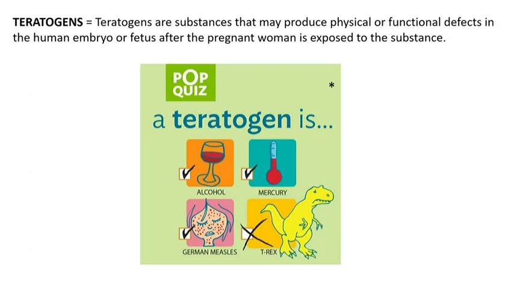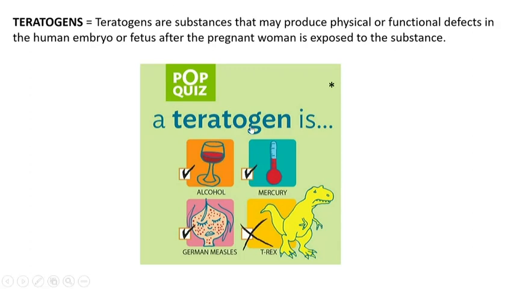Teratogen is a general term that means a substance that may produce physical or functional defects in the human embryo or fetus after the pregnant woman is exposed to the substance. So I'm pretty sure a lot of you can come up with what would be potential teratogens. And this is not a course on teratogens, but I am going to address some of the major teratogens, some of the ones that we either can't control because they're in our environment, or ones that are within our control.